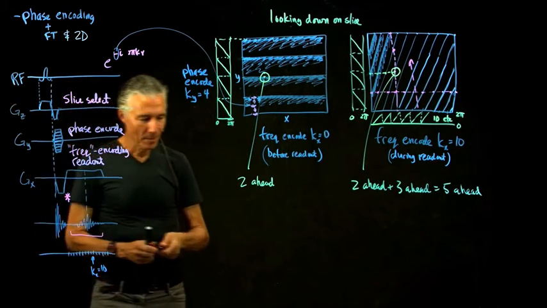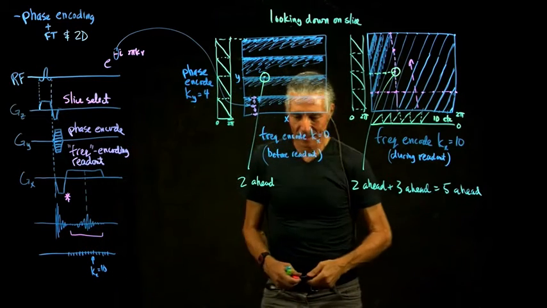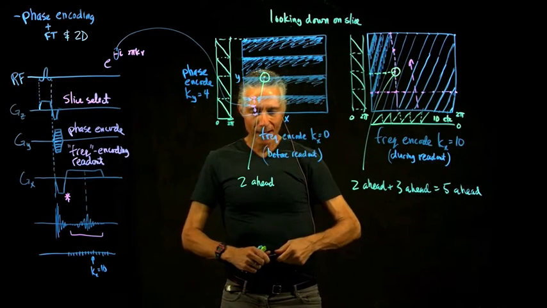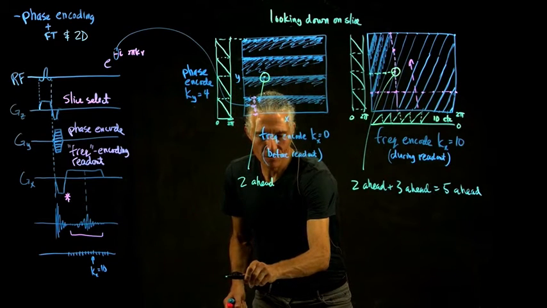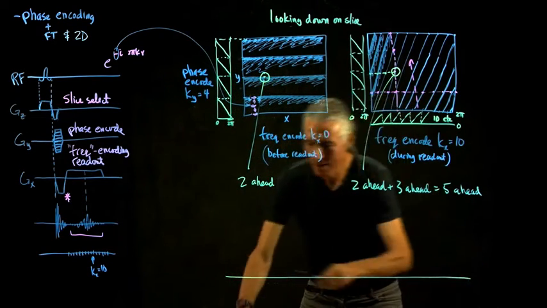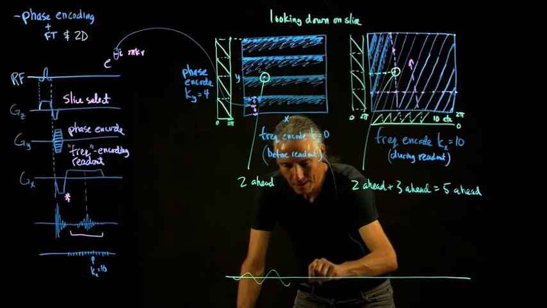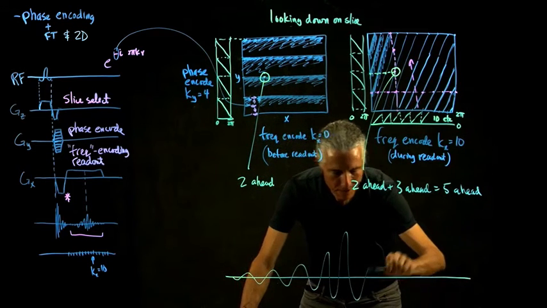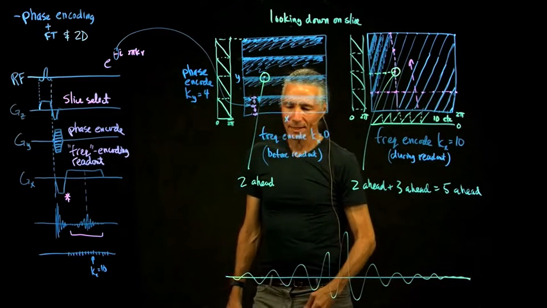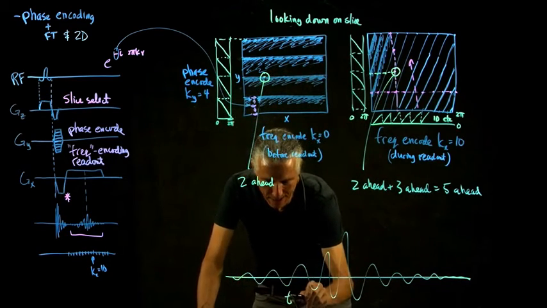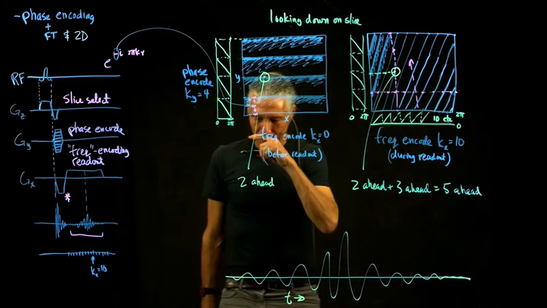Basically, if I draw that echo out, here's the echo, drawn out. It's a slow thing like that, and looks something like that. So what does that correspond to? This is time during the readout.